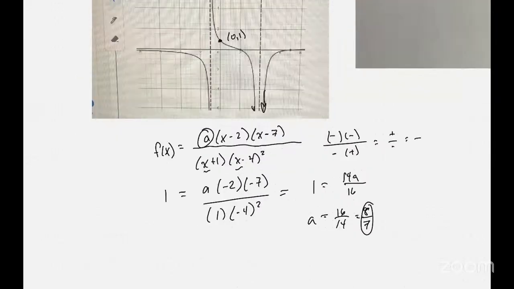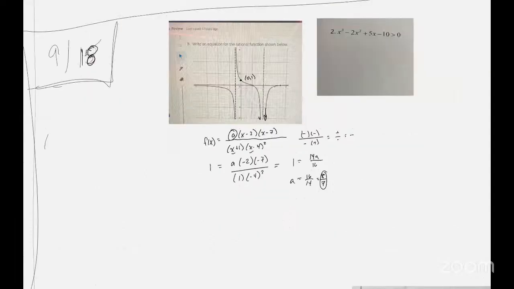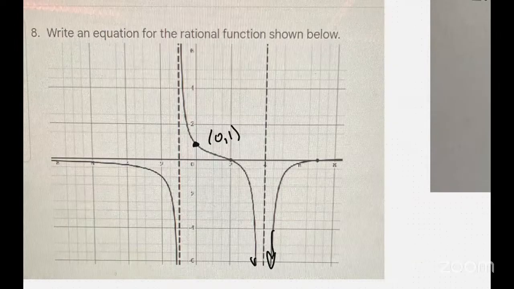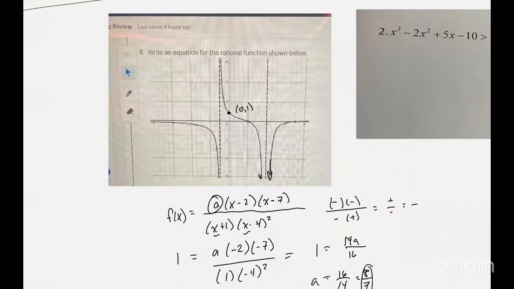Again, it's kind of hard to tell exactly. 8/7 is pretty close to 1, and it's hard to tell if that's exactly at 0 comma 1. They probably aren't expecting an exact answer, so they may accept it if you don't put that in there because it's pretty close to the same answer. But I doubt it.